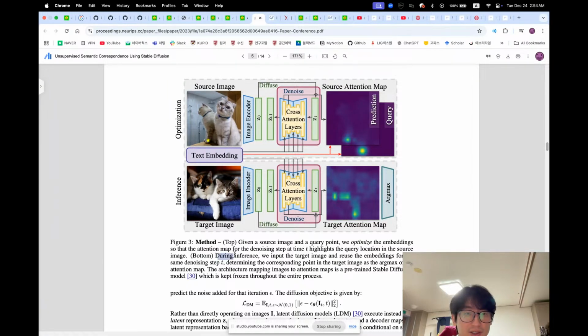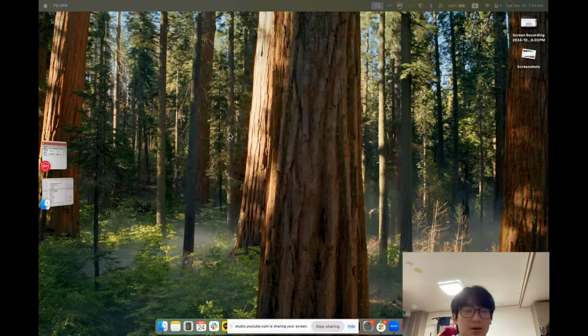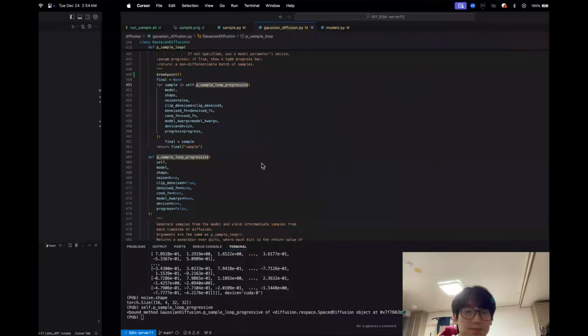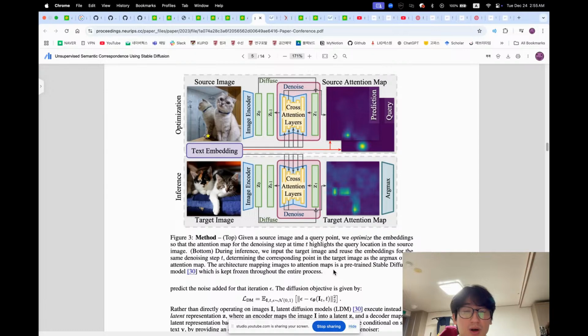During inference, we put the target image in, we use the embeddings with the same denoising step t, determining the corresponding point in the target as the argmax. Target mapping image definition, which gets frozen throughout the entire process.